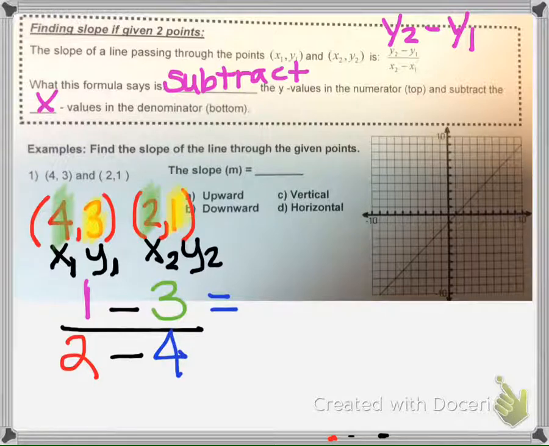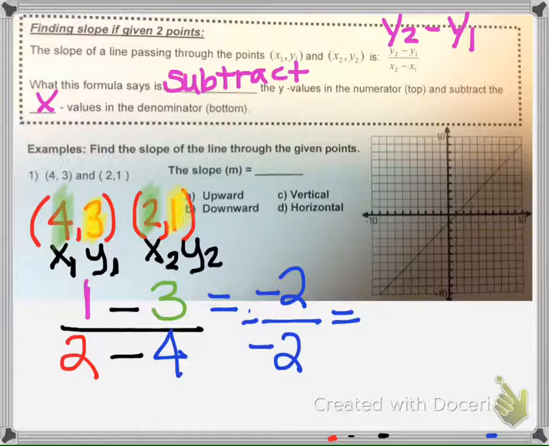And when you do that, you'll get a -2 over a -2, which we learned about how to write slopes as either an integer or simplified fraction. So -2 divided by -2 is +1. So we get a slope of 1.